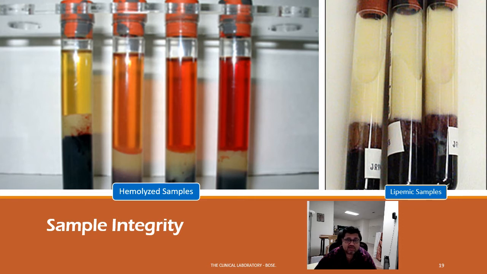The other type of loss of sample integrity that is pretty common is lipemic plasma. So lipemic plasma is called so because of the presence of large lipid particles that include lipoproteins and chylomicrons, which are breakdown of fats. As a result, these samples look white and turbid and may result in the prolongation of coagulation results.